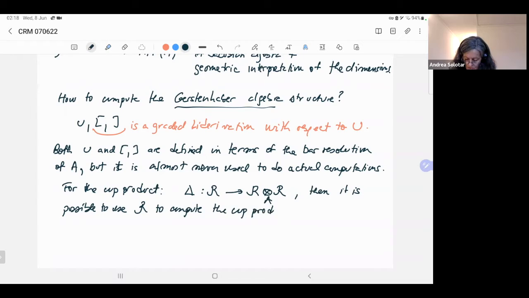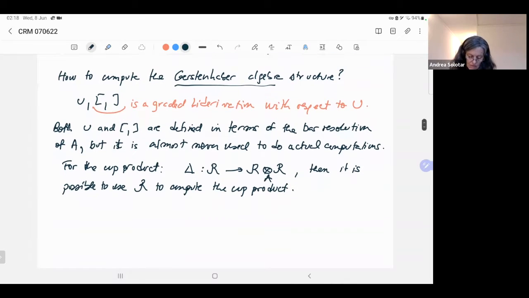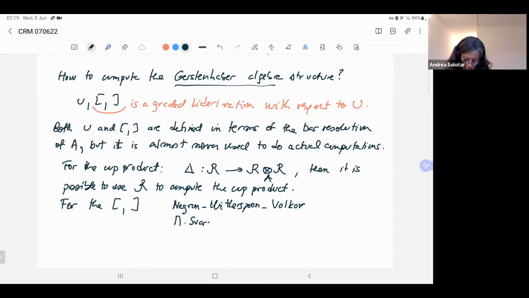And this is what we do. We define a diagonal that I'm going to mention later. But for the Gerstenhaber bracket, it was a quite open problem until some years ago, and there have been some recent results, in the last 5 years, on this subject, mainly given by Chris Negron and Sarah Witherspoon on one side, and by Mariano Suárez-Álvarez.